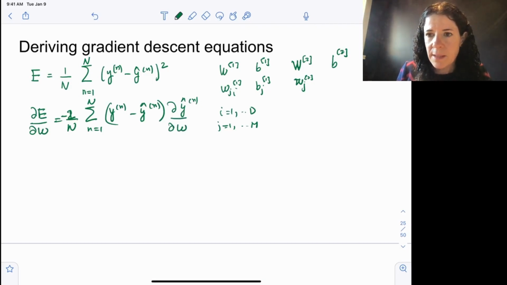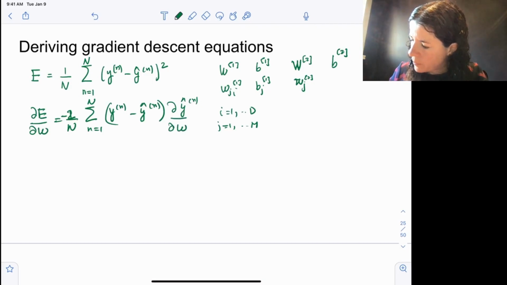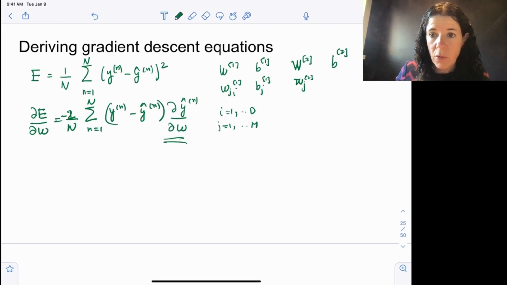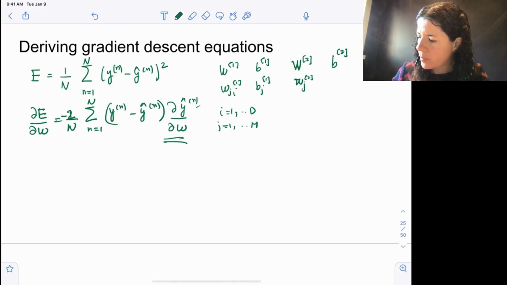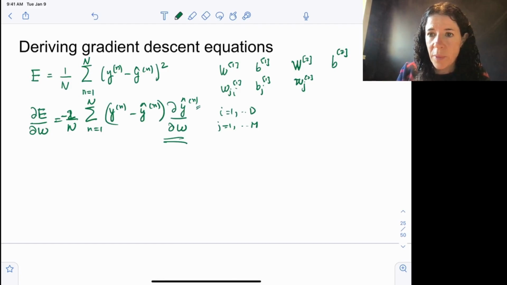So for simplicity, I am going to start by taking the derivative with respect to all of these different weights that we have, right? And also, for now, I am going to drop the n to make the derivations simpler, and then I'm going to come back and plug it into this equation later, okay?